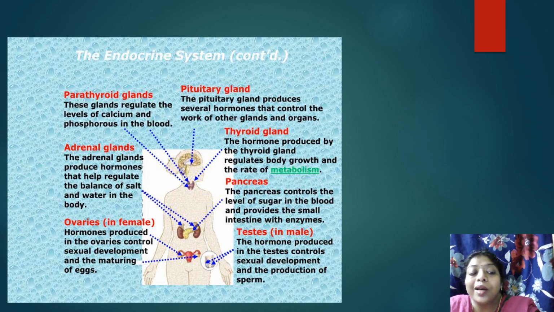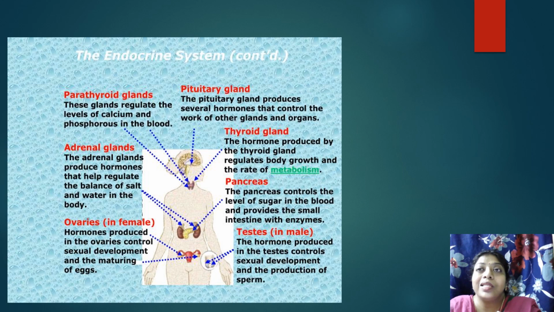The hormones are released into the bloodstream to have the potential to affect one or more organs in the body. So this is the total function of the endocrine system.